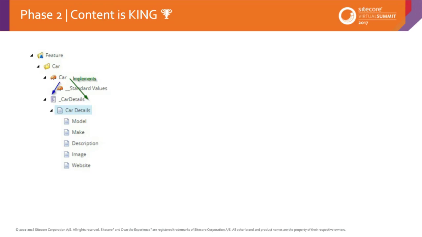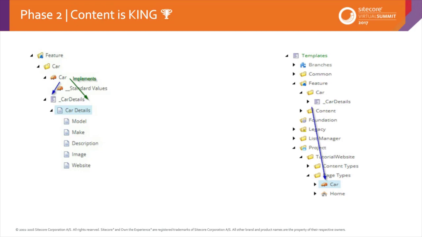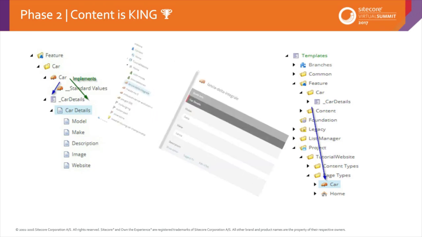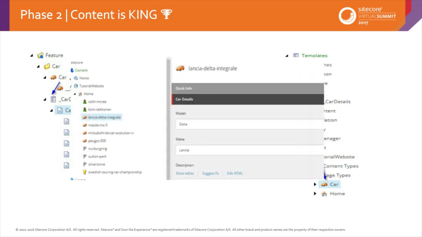I created a new interface template called car details and moved the field section from the existing car template, keeping all the field IDs intact. So then I moved the car template down as a page type because that is actually what it is, and let this page type implement the interface template. And when I then look at the content, all the content is still there, even though I completely restructured the templates.